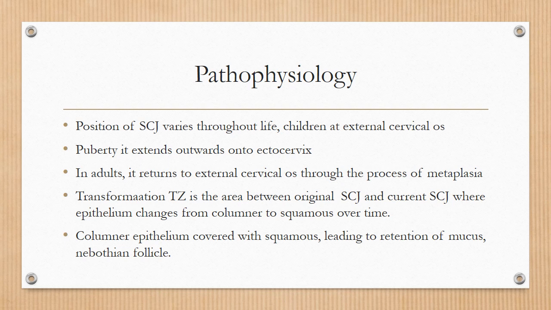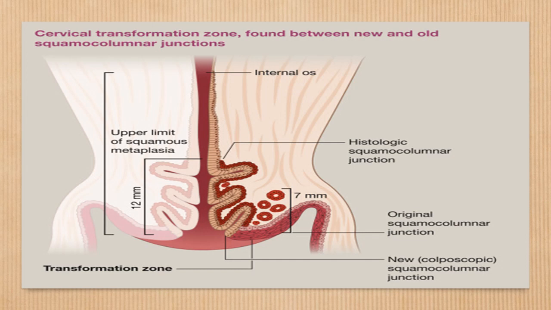Here the columnar epithelium is covered with squamous, leading to retention of mucus, forming Nabothian follicles, as we have already discussed. So this is the cervical transformation zone found between the new and old squamocolumnar junction.